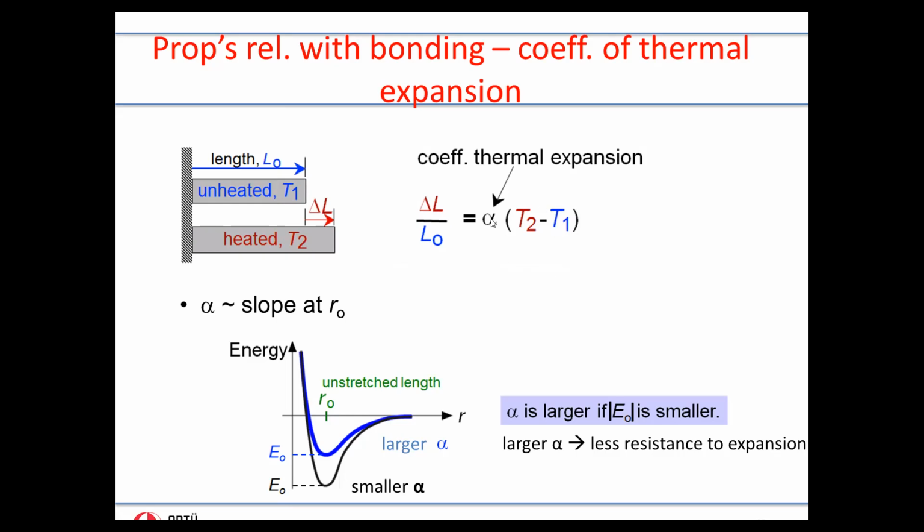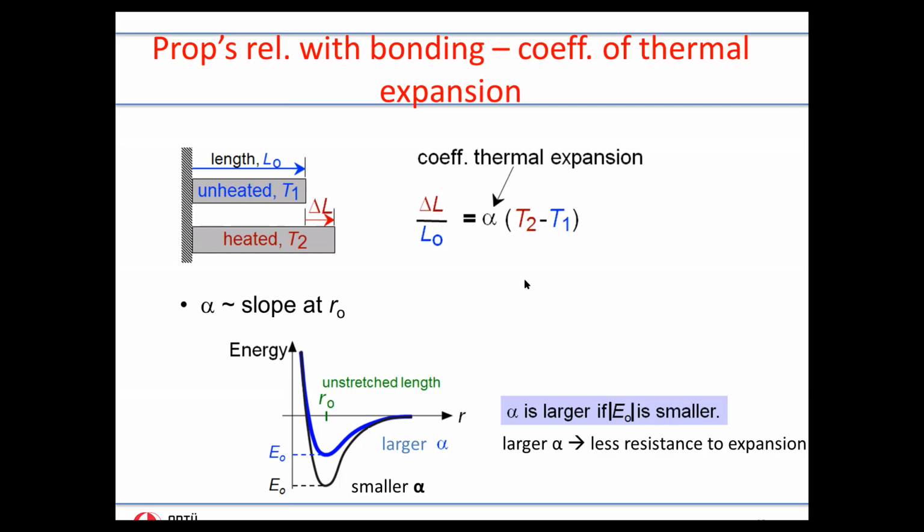If this value is small for a given temperature change, say 10 degrees, the length change, say in percentage, is going to be small. And if this value is large, then it is going to be large.